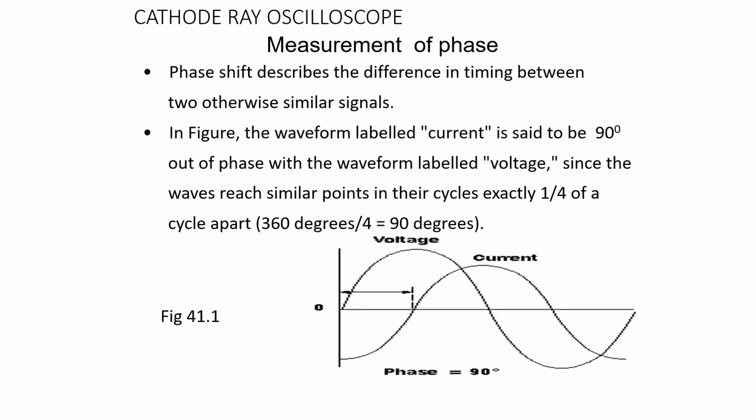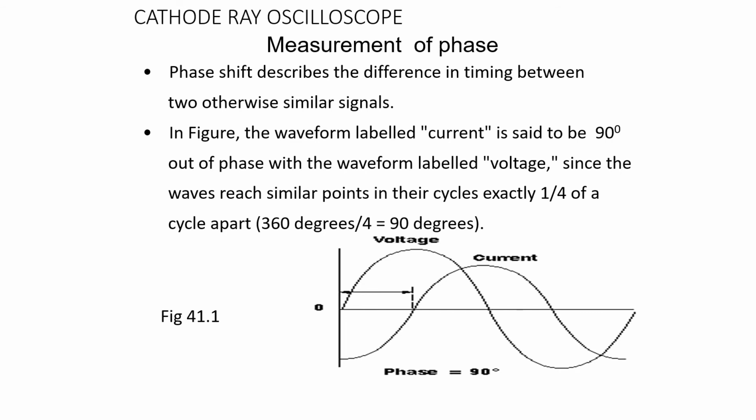Next, coming to the phase measurement. Phase shift describes the difference in timing between two similar signals. So here in this waveform, the one labeled current is said to be 90 degrees out of phase with the waveform labeled voltage.